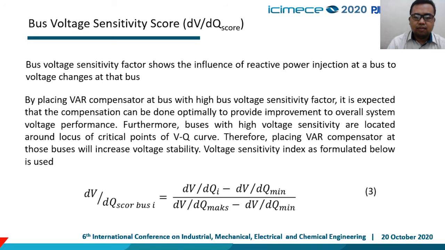Furthermore, buses with high voltage sensitivity are located around locus of critical point of dQ/dV. Therefore, placing VAR compensator at those buses will increase voltage stability. To determine the voltage sensitivity index, we use equation 3.